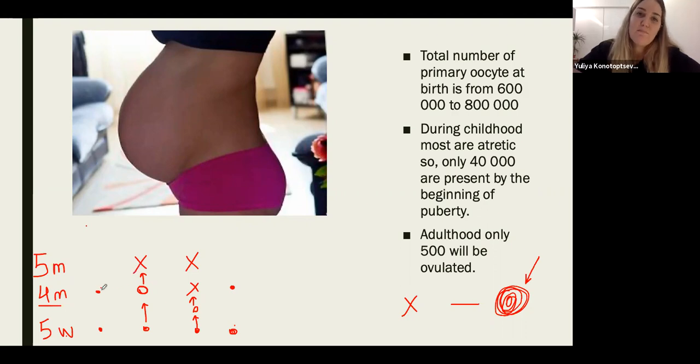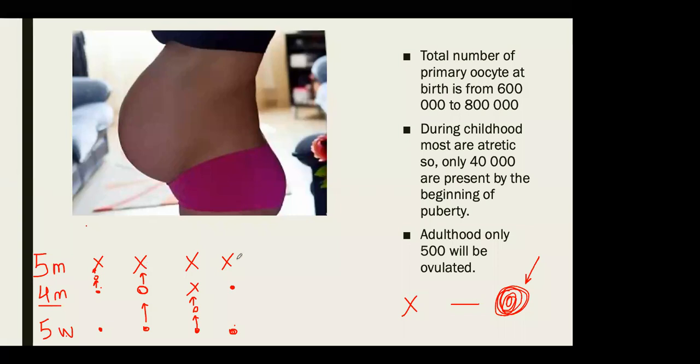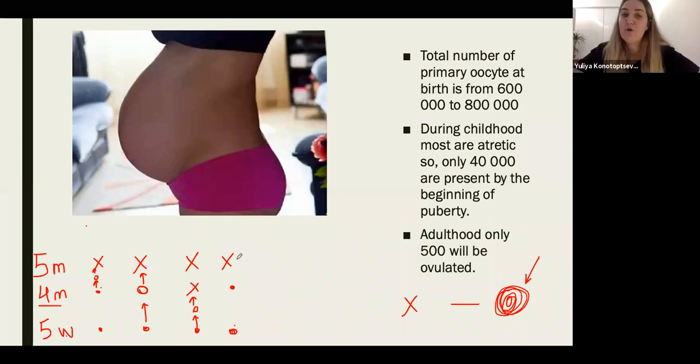But if you were the PGC that was procrastinating for 3 months, now you have to quickly hurry up to become oogonia, so you can quickly become primary oocytes. So do you see what's happening in the cluster during the 5th month? We can only see primary oocytes.